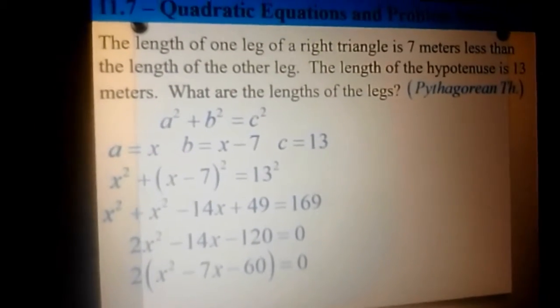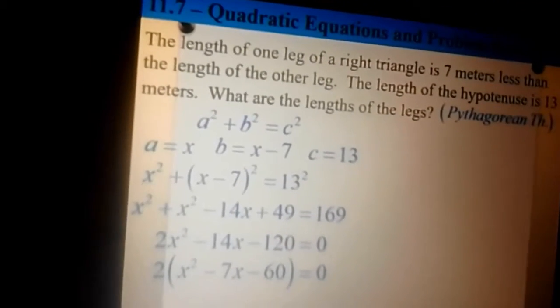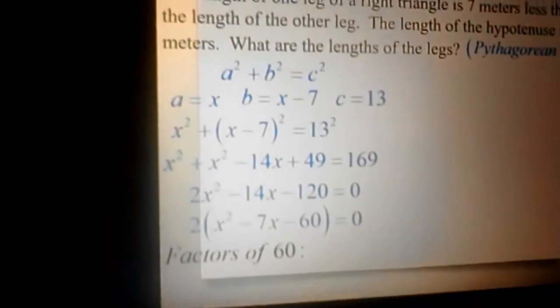So factoring out 2, we have 2 quantity x squared minus 7x minus 60 be equal to 0.